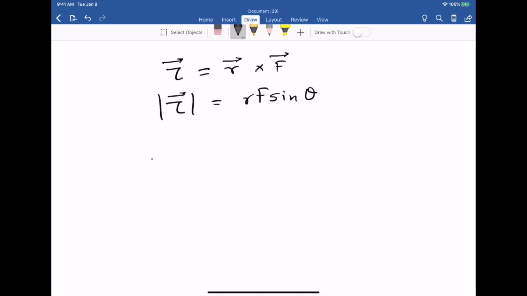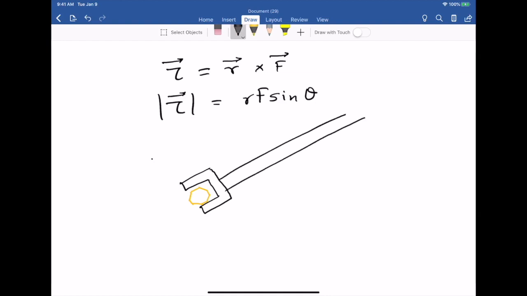Let's just stick with the example of a wrench. So suppose I have this wrench, and I'll just draw a nut over here. I'm applying a force at the edge of the handle of the wrench, so my force is somewhere over here, and I'm indicating the force with this vector arrow.